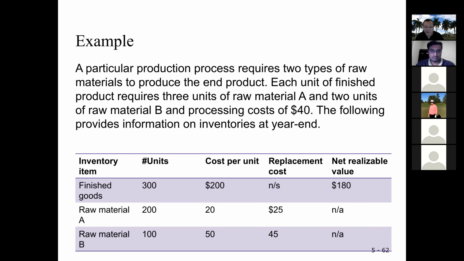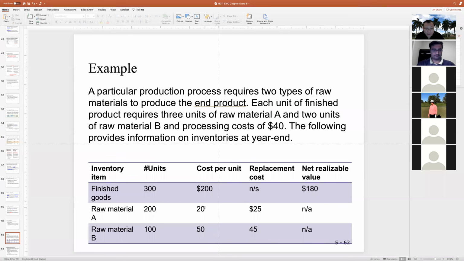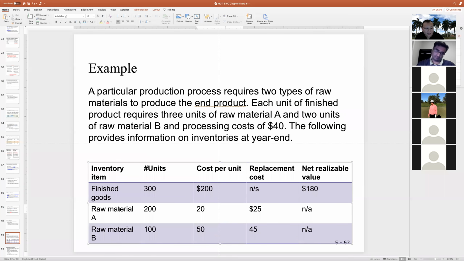Okay, so let's take a look. Raw materials A, there are 200 units. What's my cost? 4,000. And raw materials B, 100 units, 50 times 100, 5,000.